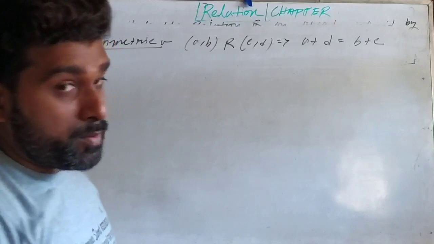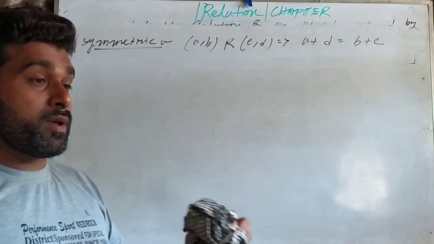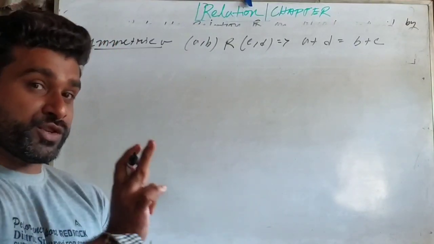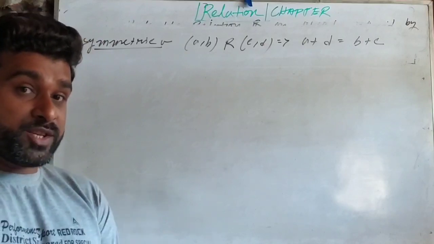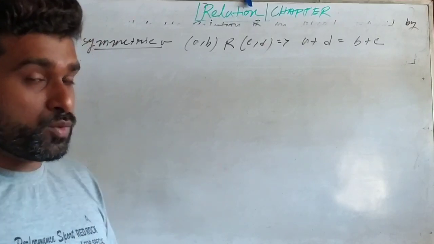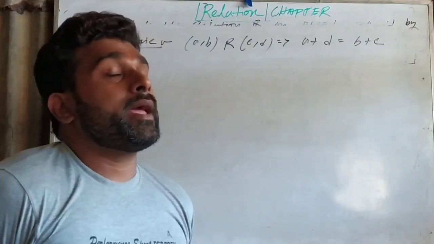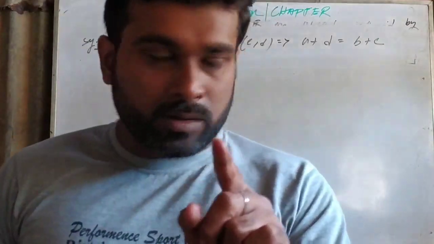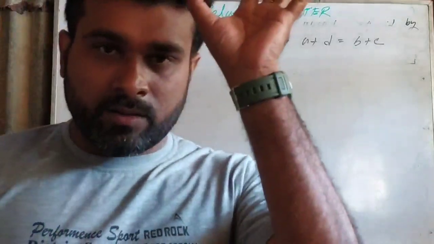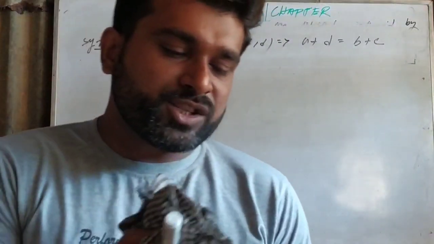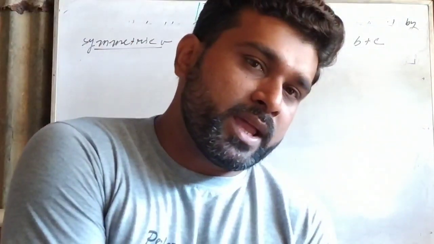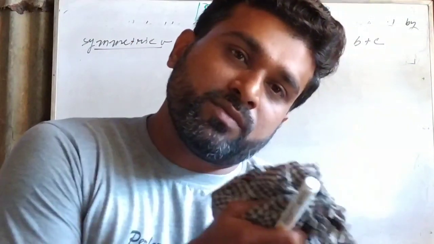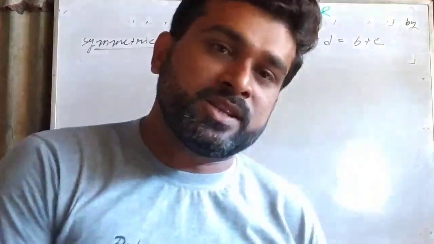So in the symmetric property, as you all know, we interchange their positions, that means the elements' positions. Here the first element is ordered pair (A, B), and the second element is ordered pair (C, D). So if you are interchanging their positions, in place of (C, D), (A, B) will come, and in place of (A, B), (C, D) will come.